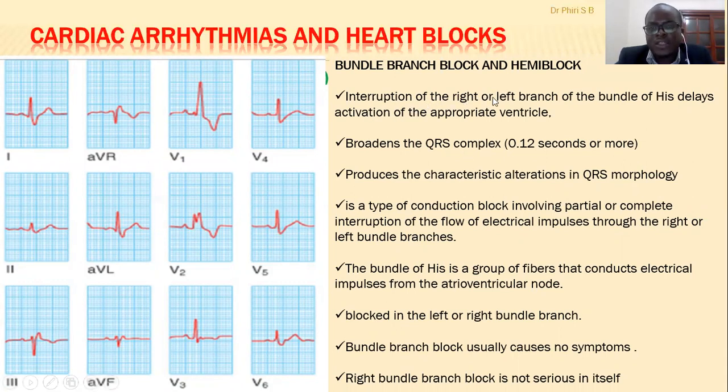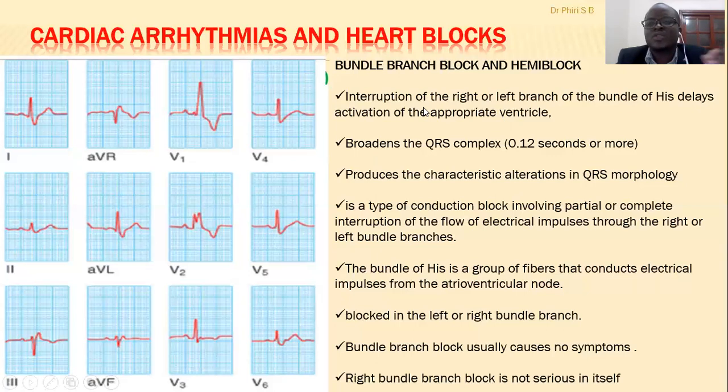Interruption of the right and left branch of the bundle of His delays activation of the appropriate ventricle. It could be the right ventricle or the left ventricle, depending on which bundle branch is blocked.